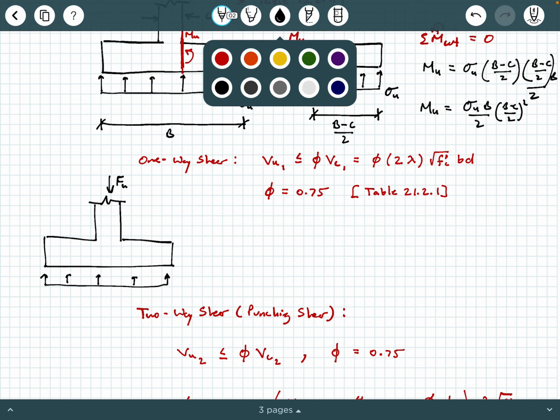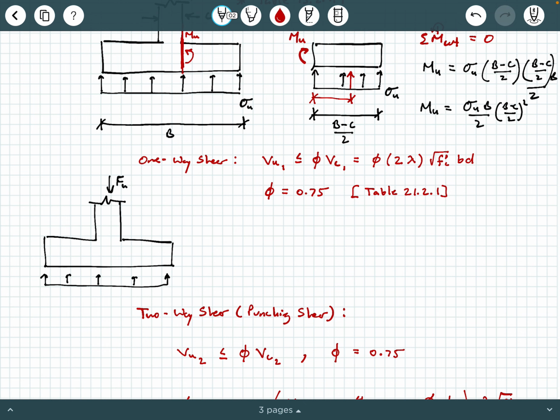Now, here, your critical one-way shear plane or one-way shear section is going to be right here. And so what you are going to have here is this Vu1. Now, this critical plane is going to be a distance of d away from the column. So similar to what we did in that previous step, I'm going to use method of sections.